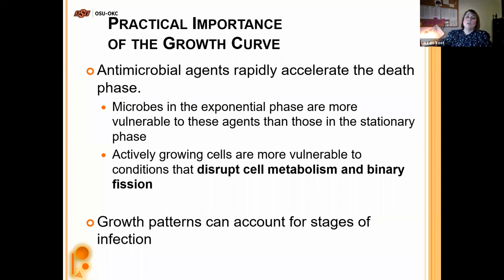So it's more useful when they're actively growing. They're more vulnerable that way. Otherwise, they could just be sitting there doing nothing. So then you can disrupt their cell metabolism and their binary fission steps by adding it during the exponential growth phase. Growth patterns can account for stages of infection as well, depending on the growth rate of whatever microbe we're talking about.